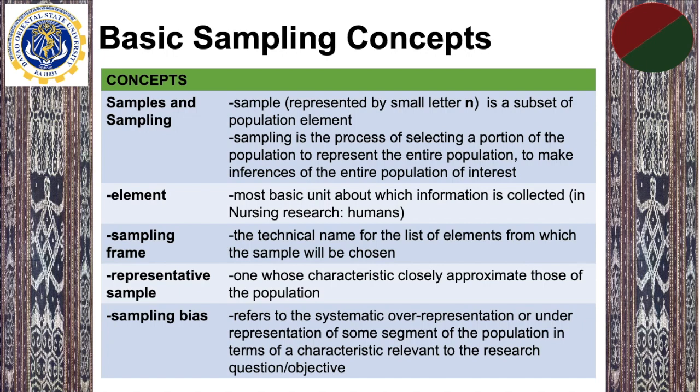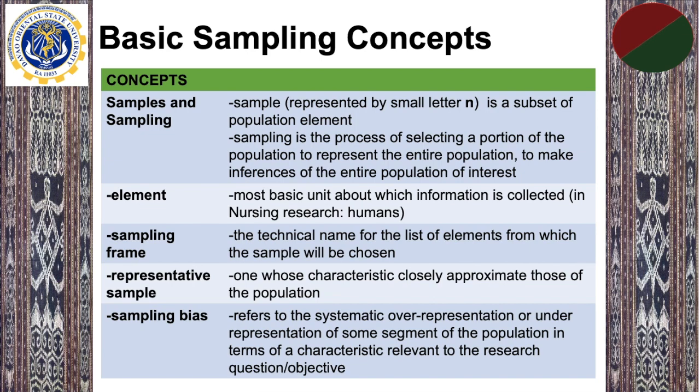In nursing, the most common element is the human. The sampling frame is the technical name for the list of elements from which the sample will be chosen. This list could be either created externally or created by the researcher. A representative sample refers to one whose characteristics or attributes closely approximate those of the population. This also refers to the sample as a whole, which represents the entire population.